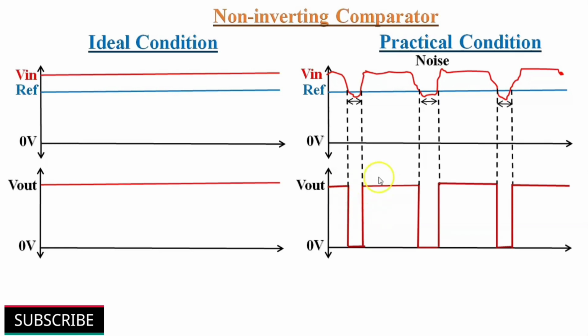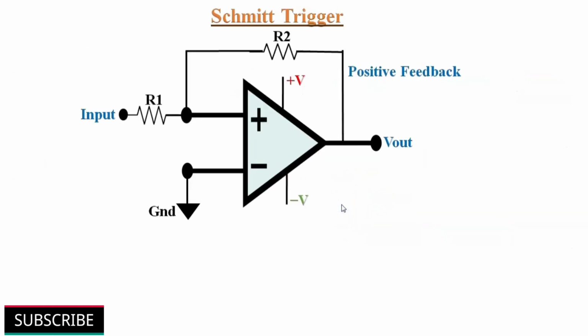So to resolve this problem, comparators are used with some hysteresis, or we can say that positive feedback is provided to the comparator circuit. These kinds of circuits are known as Schmitt trigger circuits. By providing positive feedback, we can increase the noise immunity of the comparator. We will discuss this in another video.